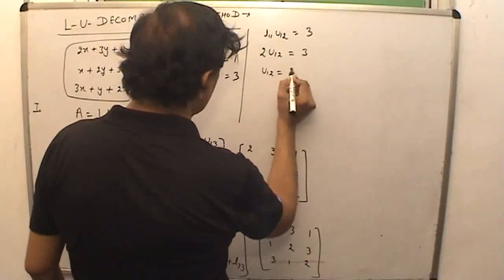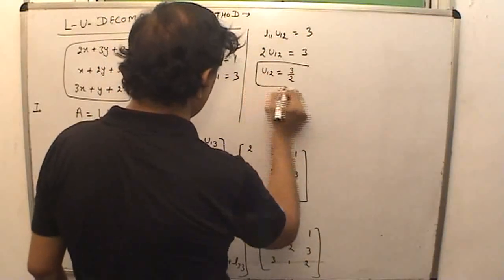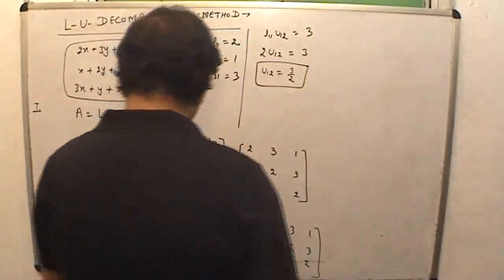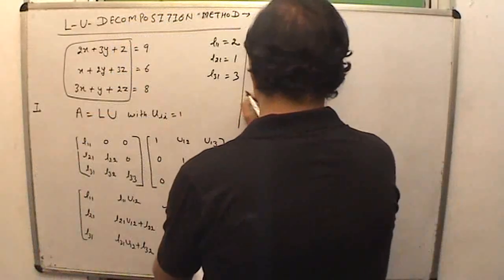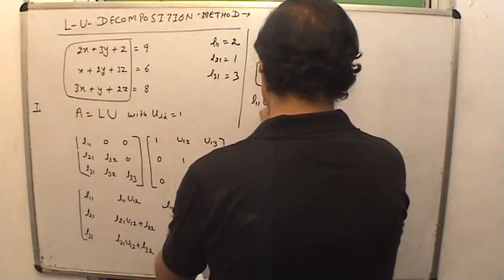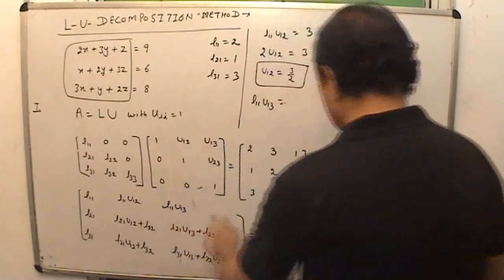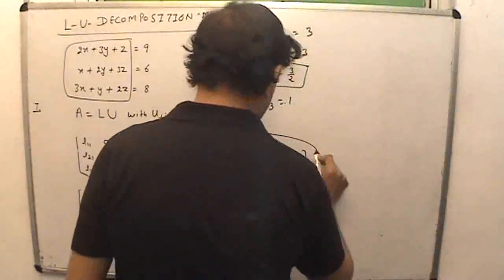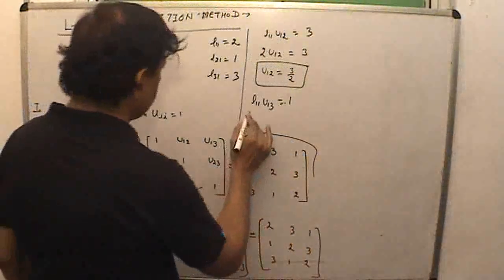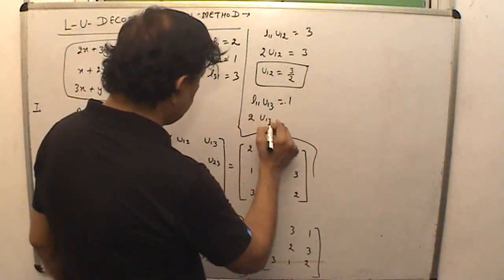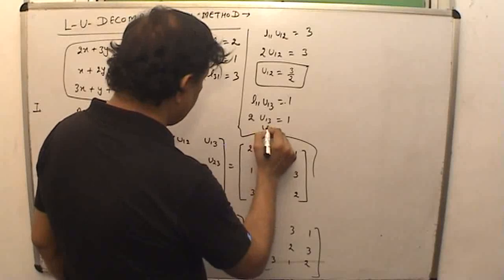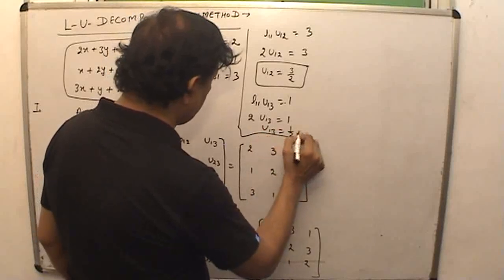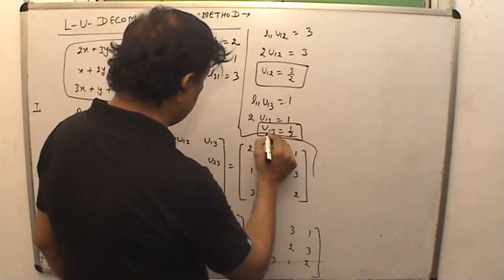Then U12 is equal to 3 by 2. For this element, L11 U13 is equal to 1. Corresponding elements, L11 is equal to 2 into U13 is equal to 1, then U13 is equal to 1 by 2.